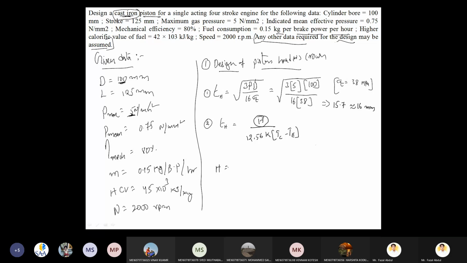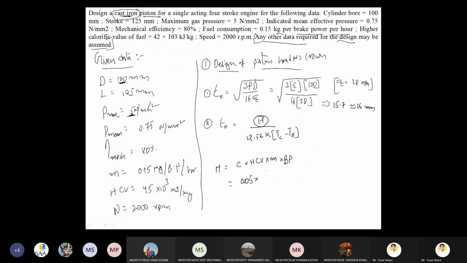H is equal to C into HCV into mass of fuel consumption into brake power. The C value is a constant, 0.05, into the HCV value. HCV value is given, 45 into 10 to the power of 3.